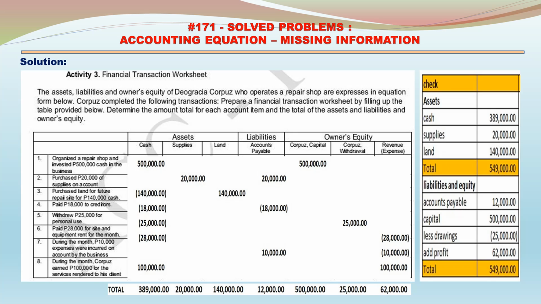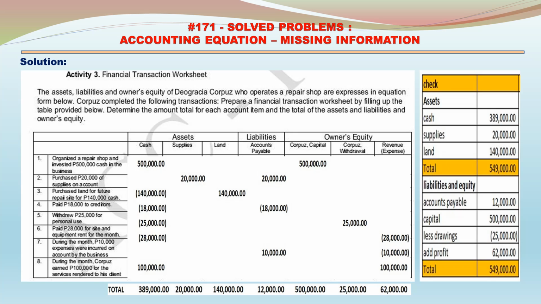When we total each head, cash balance is 389,000, total supplies are 20,000, land value is 140,000, accounts payable is 12,000, capital is 500,000, withdrawal is 25,000 and the net of revenue over expenses is 62,000. Let us check.